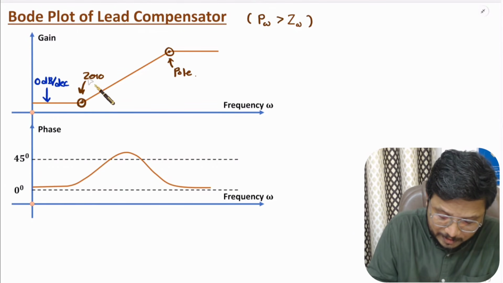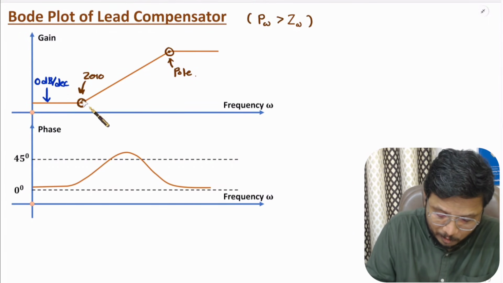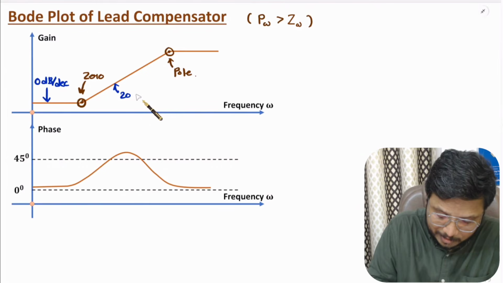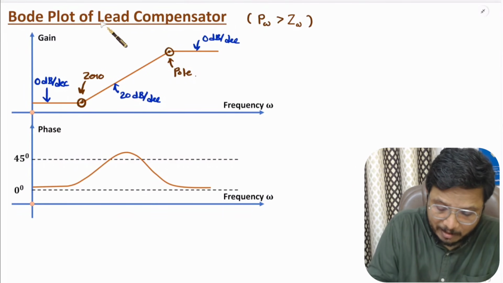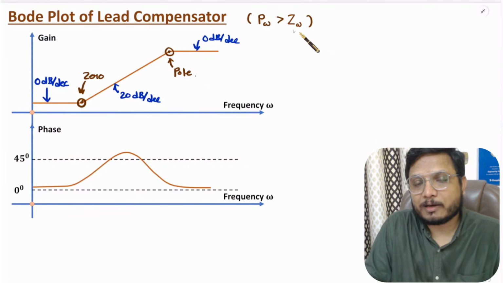After the corner frequency of the zero, what happens? The slope is increased by plus 20 dB per decade. So this line has a slope of plus 20 dB per decade. And after the pole, the slope is reduced by 20 dB per decade. So here we have 0 dB per decade slope. That is how the frequency response looks for a lead compensator as per the pole and zero.